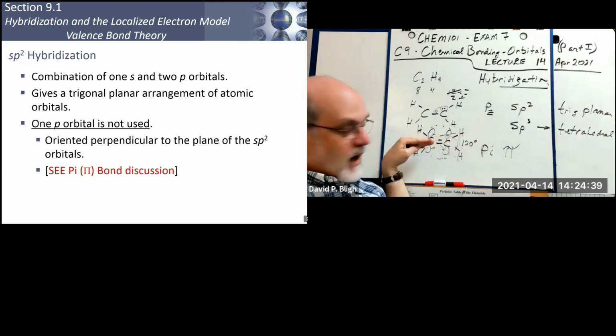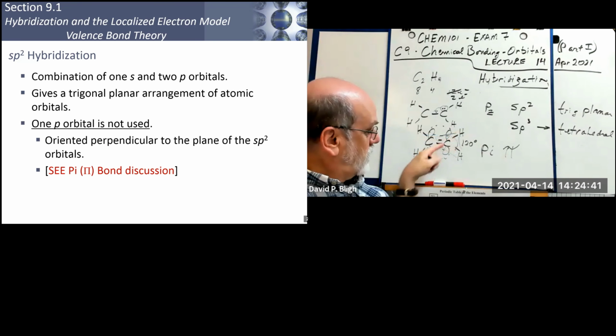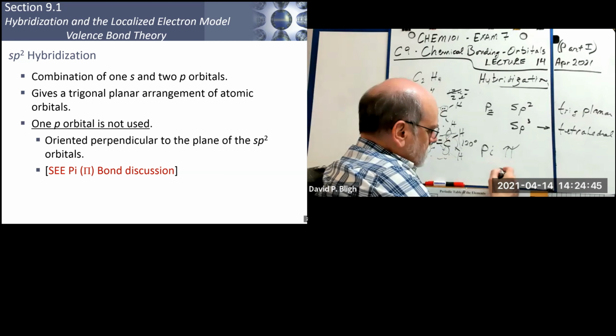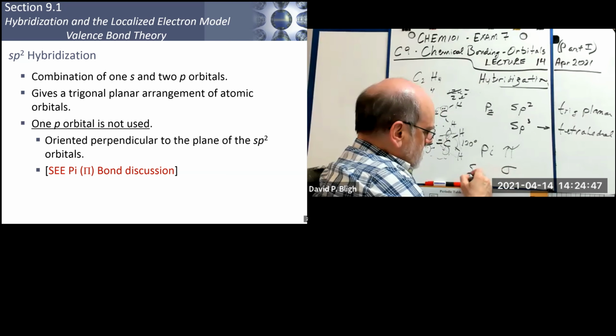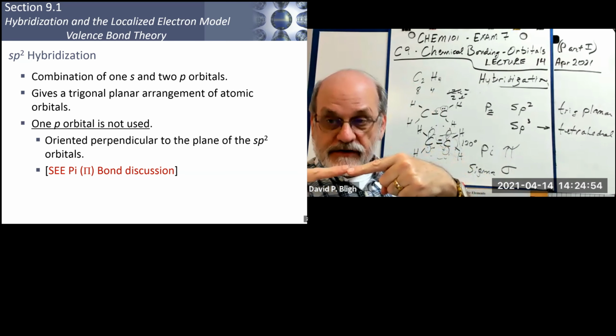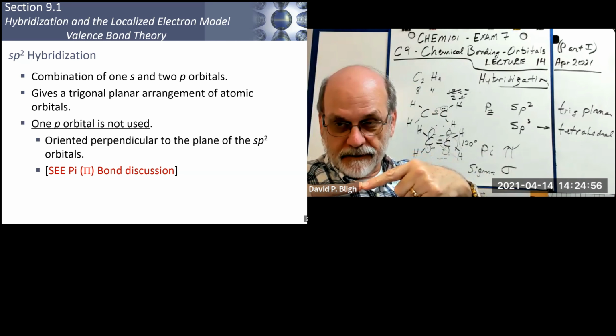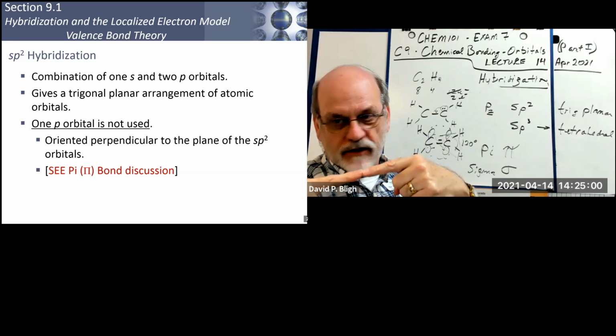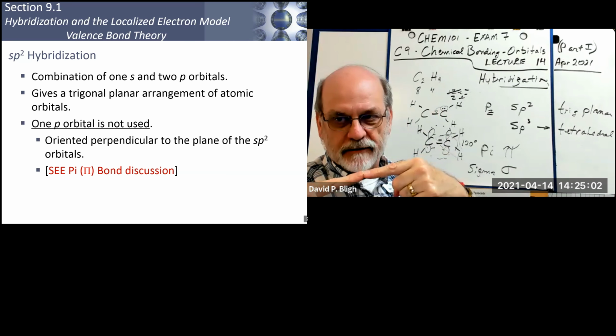The single bond that forms here, the first one there, is called a sigma bond. Sigma bonds always form on axis between atoms. So what does that mean? That means you can only have one of them. There's not room for more than one sigma bond.